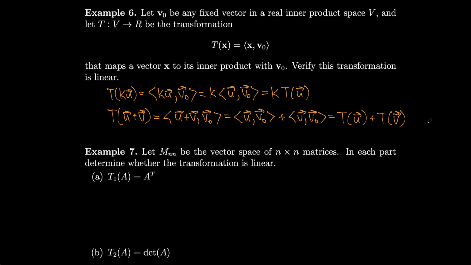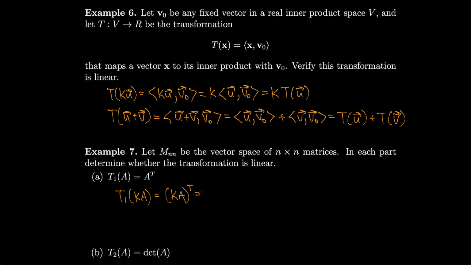Let's look at M_n, the vector space of n by n matrices. And each part will determine whether the transformation is linear. So first, let's look at T1 of A equal to A transpose. How about T1 of kA then? So that would be kA transpose, I should put the transpose outside because the matrix in this case is kA.